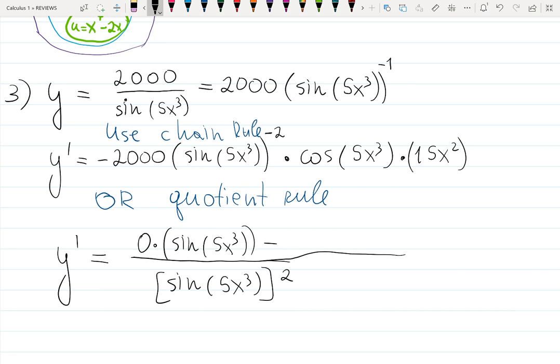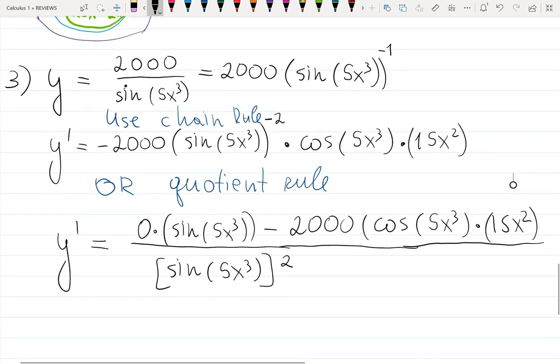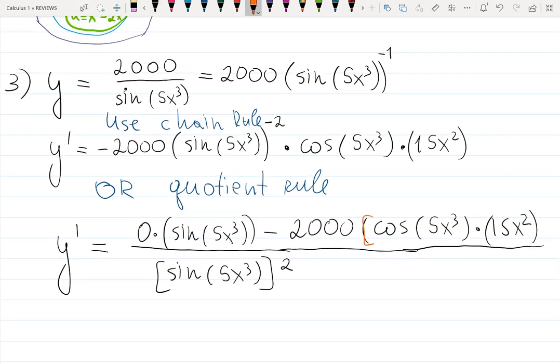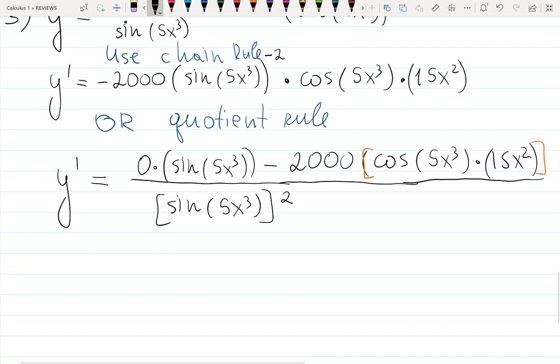Minus, copy the numerator, 2,000 times derivative of sine of 5x cubed is cosine of 5x cubed times 15x squared. Chain rule, but this time once. So this is derivative of the denominator. Now when you simplify, the answer will be the same. Let's see.